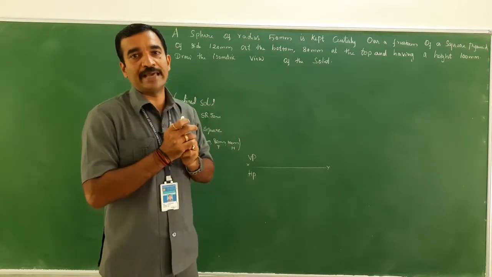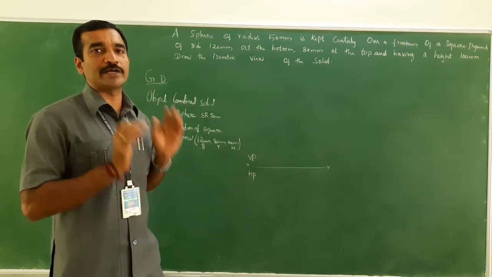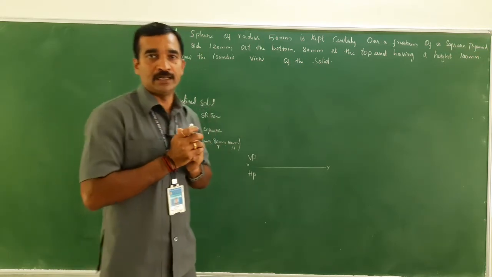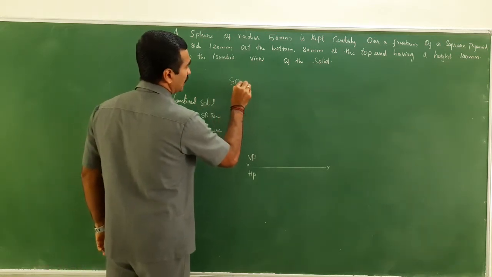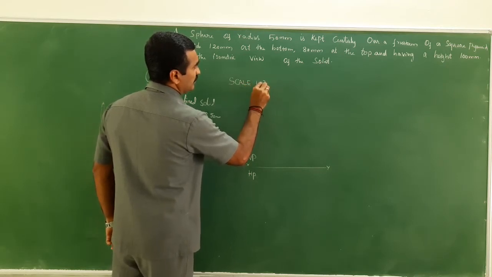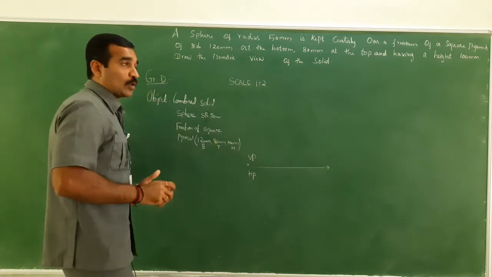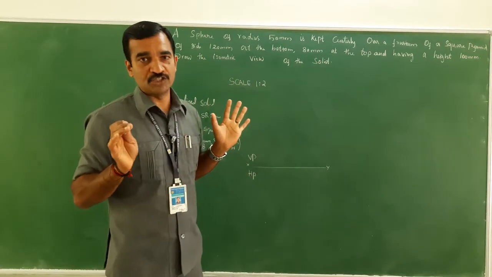That is, the diameter is very large. So, what I am going to do is consider a reduced scale, 1:1, 1:2. The scale I am going to use is 1:2, which is nothing but 1/2. Whatever dimension is here, I have to draw half of the dimension.